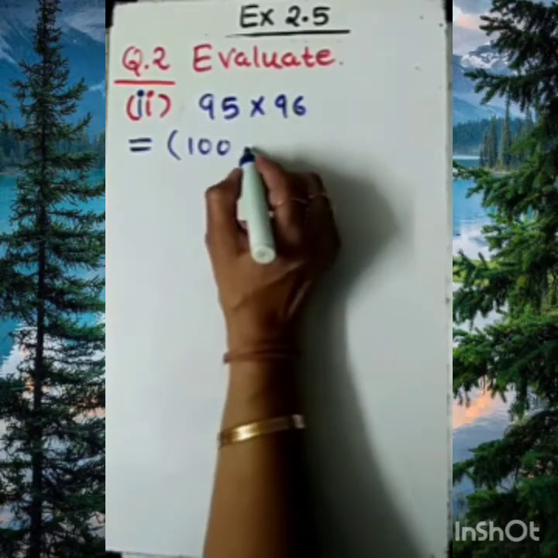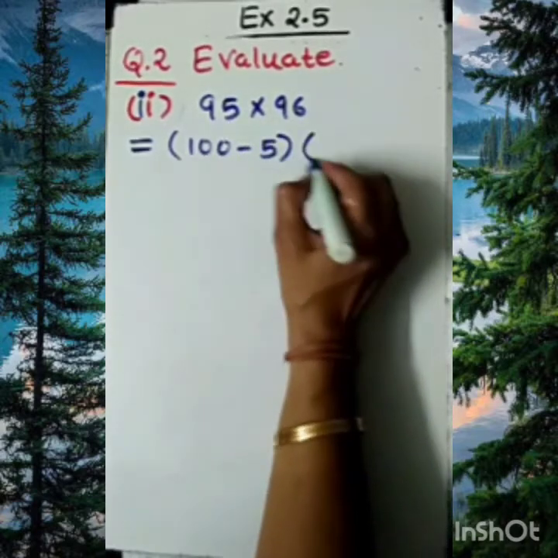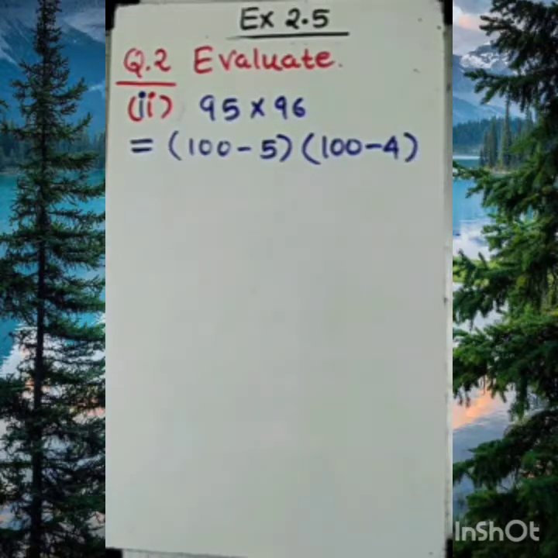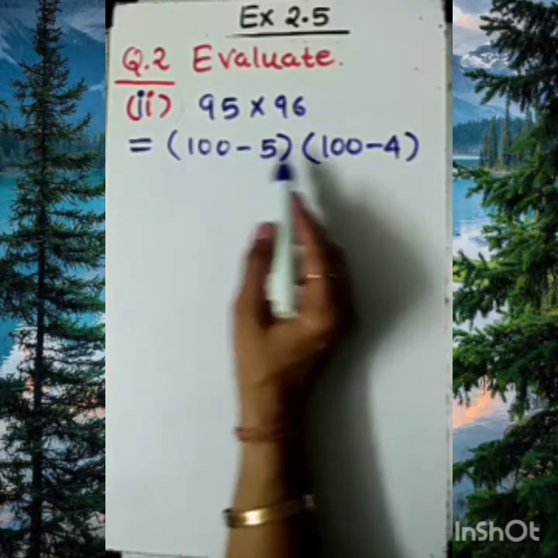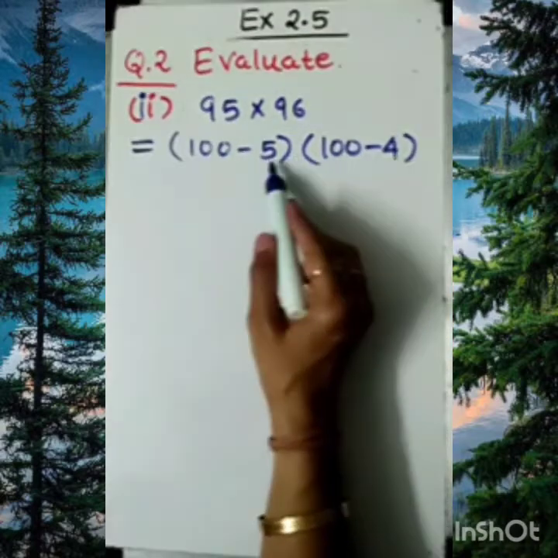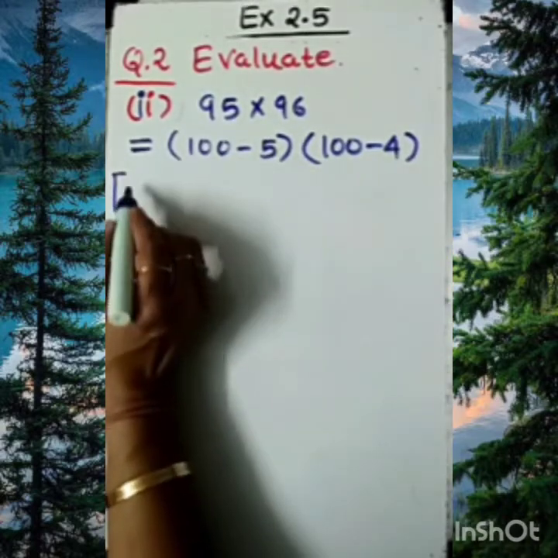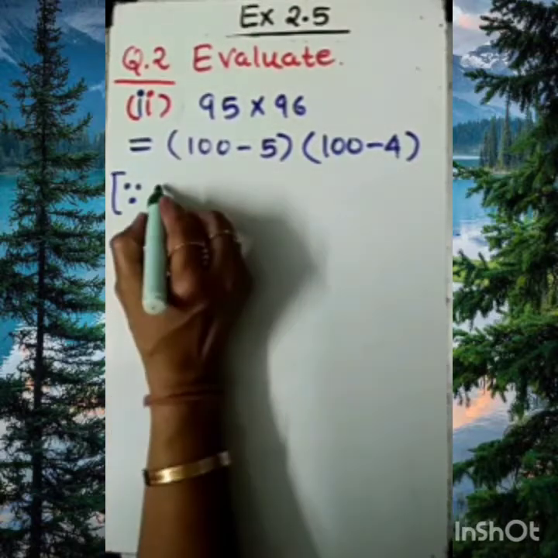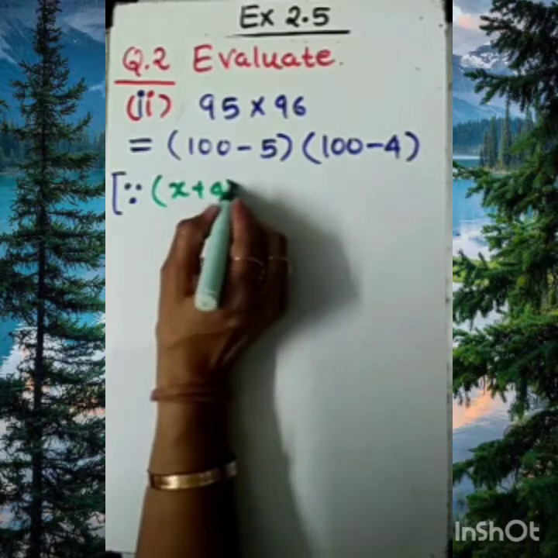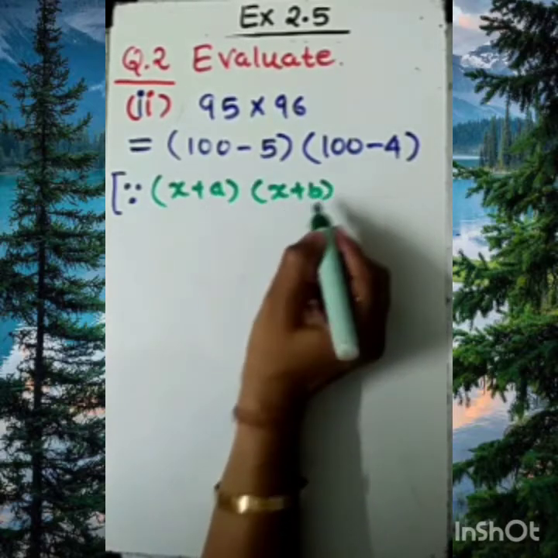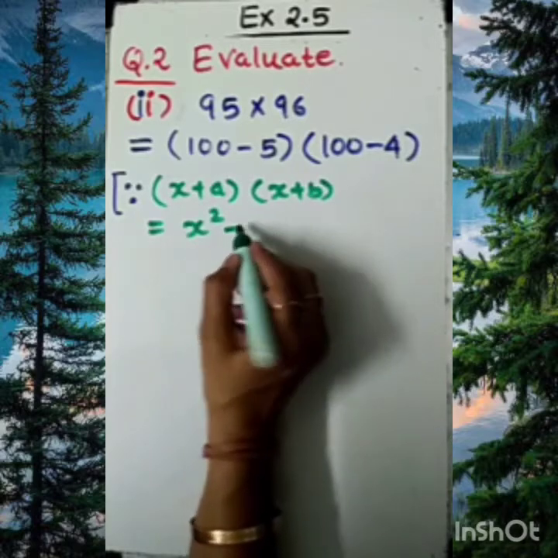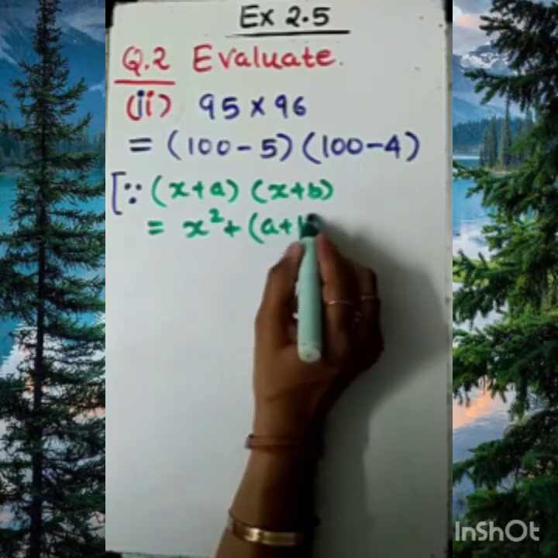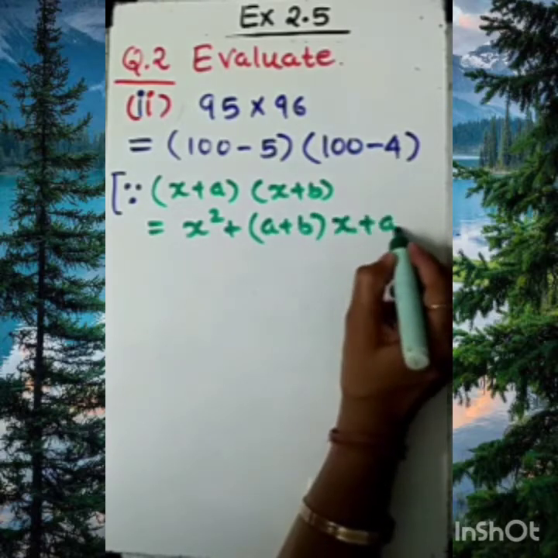I am writing 95 as 100 minus 5 and in another bracket 96 can be written as 100 minus 4. Again you can see the first term is similar but the second term in both the brackets is different, so we need to apply the useful identity. What is that identity? Let me note it down: x plus a, x plus b gives the result x square plus a plus b x plus ab.